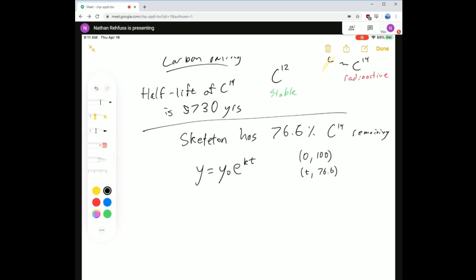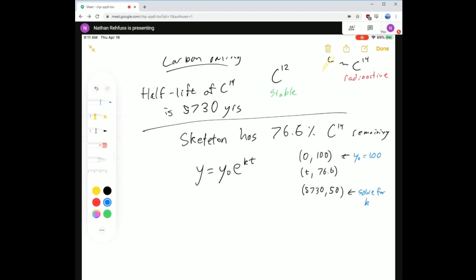That's something to solve for. But what I do know is that after 5,730 years, 50% of the carbon-14 will be remaining. So I have two data points that already are solved for that I can use to estimate my parameters. The first one just means that my initial value is going to be 100. This last one is going to help us solve for k.